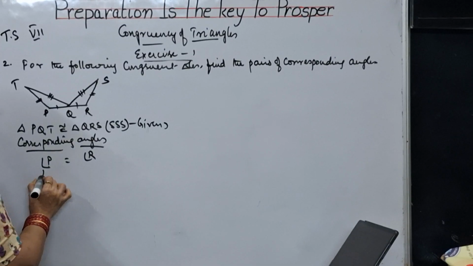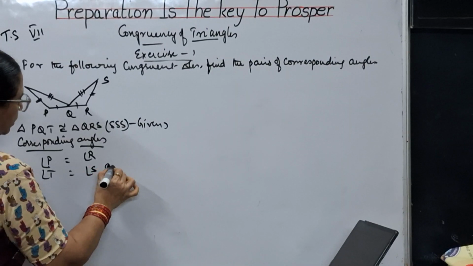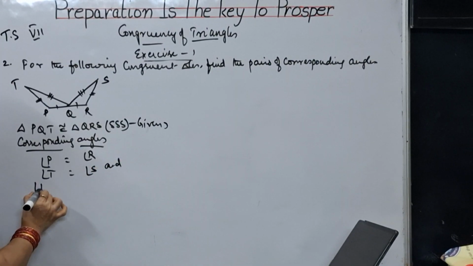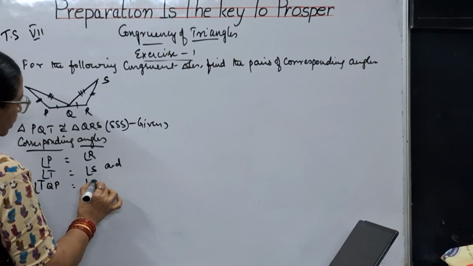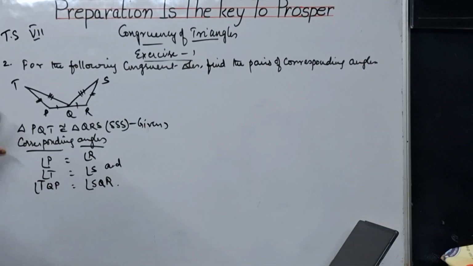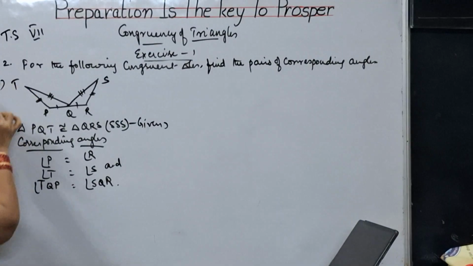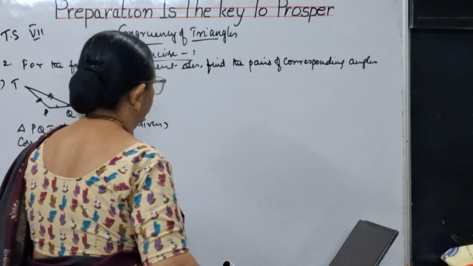And angle T is equal to angle S. And angle TQP is equal to angle SQR. This is the first bit, children. So these are the corresponding angles of these two triangles which are congruent to each other.